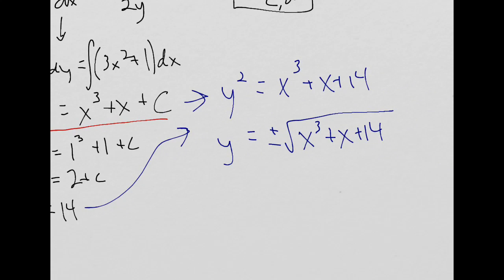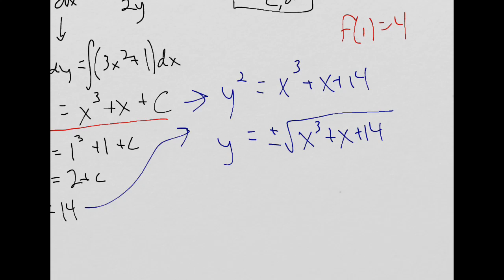So f of 1 equals 4. What I'm trying to point out here is that if I plug in 1 for these two values, I get the square root of 16, which gives me 4 if I take the plus side. If they had given me f of 1 was negative 4, I would have had to make sure I catch that negative sign. They'll often do that. I've seen it on multiple choice questions before, probably some FRQs.